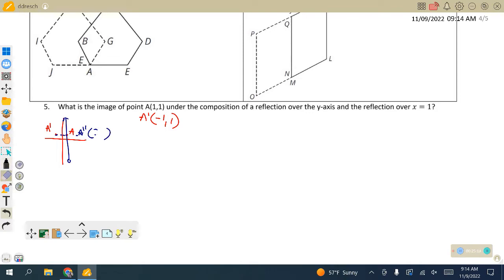Now, I did this just freehand. From my experience of taking many tests over the years, if you're on the SAT, I guarantee you there's going to be a coordinate grid someplace on the SAT. They're not going to grade your test booklet. You can mark up your test booklet as much as you want.